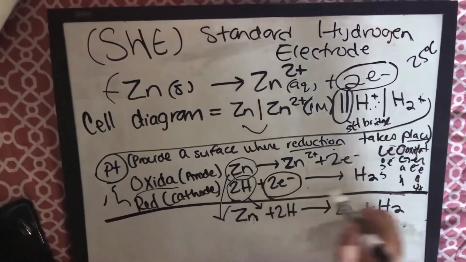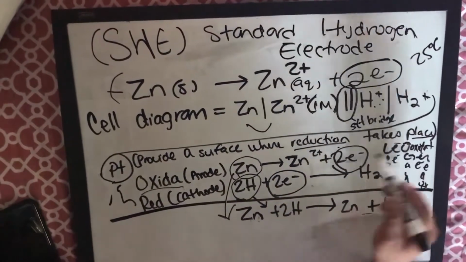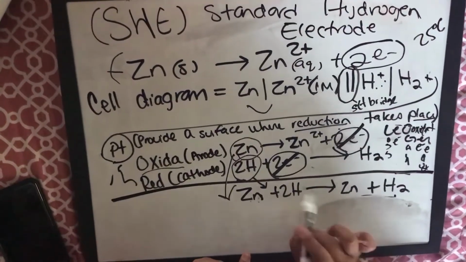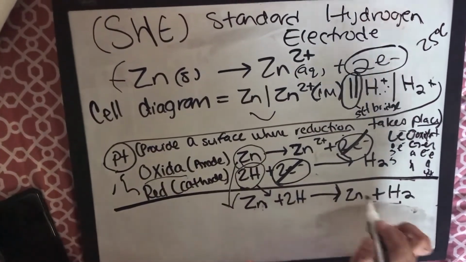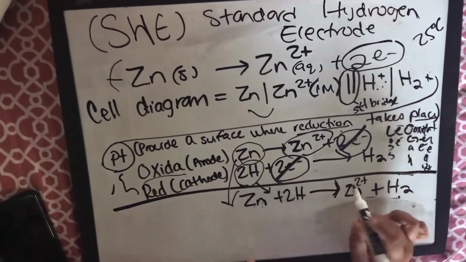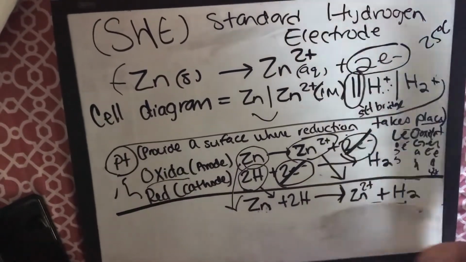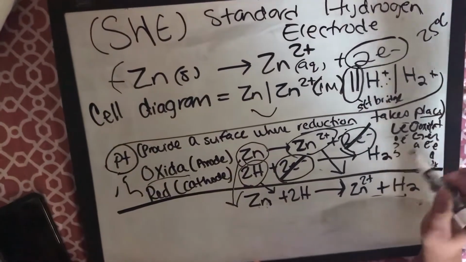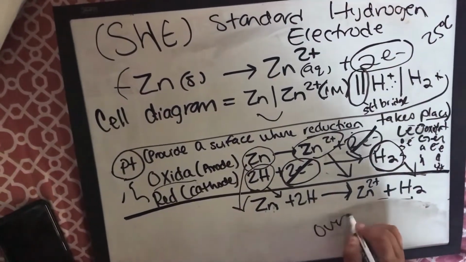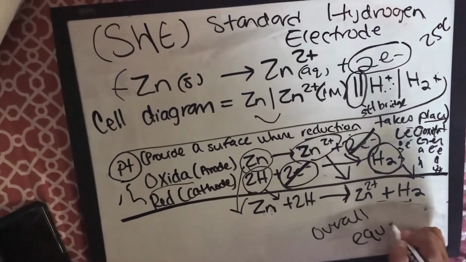Now we have 2 electrons being shared or transferred. Those cancel out and they don't go in the final equation. We have Zn2+. That goes down since there's nothing we can cancel it out with. And finally we have hydrogen. And this is our overall equation.